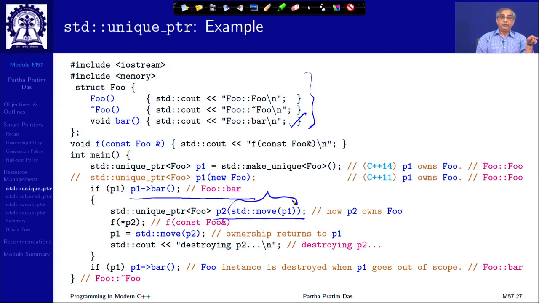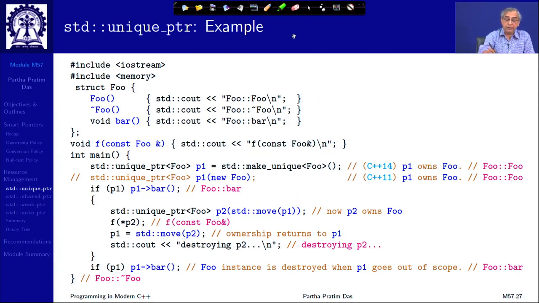If you do that move, then certainly the ownership will go to P2. So, now if you do star of this in F, you will get this, because it now owns that foo object. If you make an assignment, the ownership will come back and so on. So, you can trace through this and see.